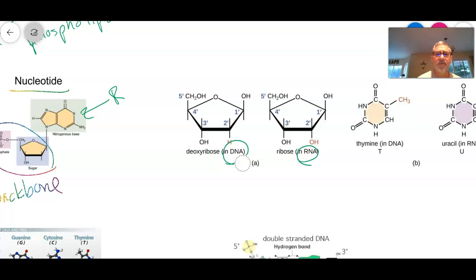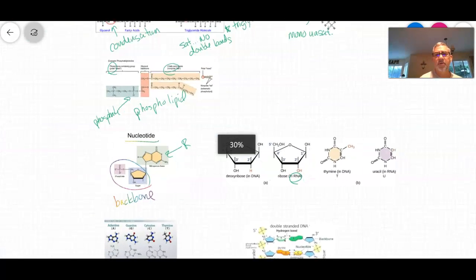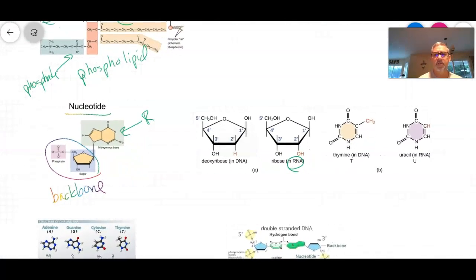Remember the way that they differ. We have DNA and RNA. The way that they differ is based on the 2-carbon. DNA is deoxy at the 2-carbon, RNA is not.